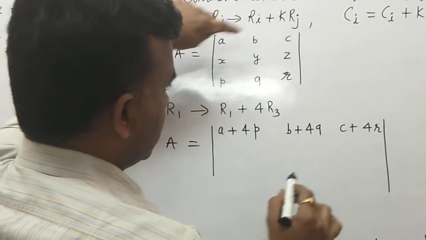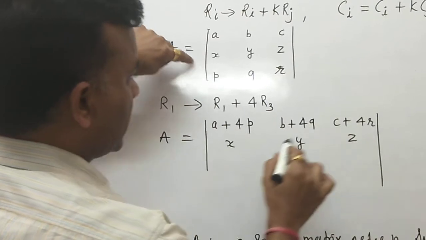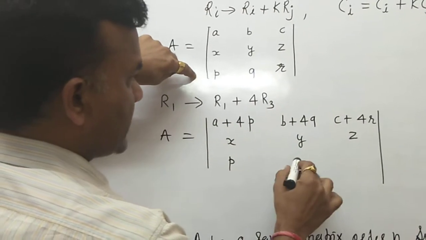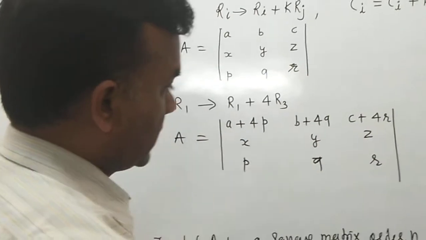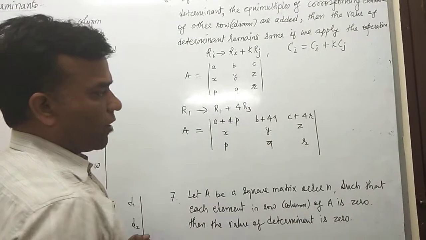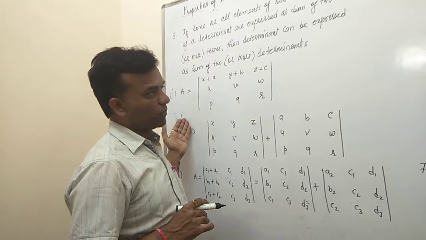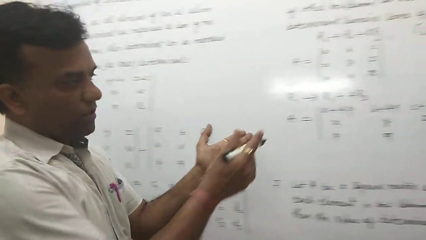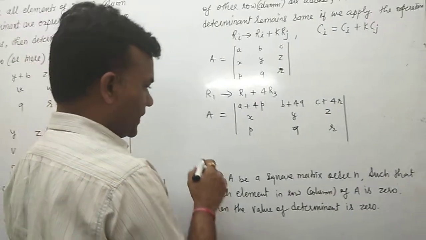There is no change in R2, so you put X, Y, Z as it is, and PQR also as it is. There is no change in the other rows. Now you can convert this determinant into the form of two determinants using the fifth property.